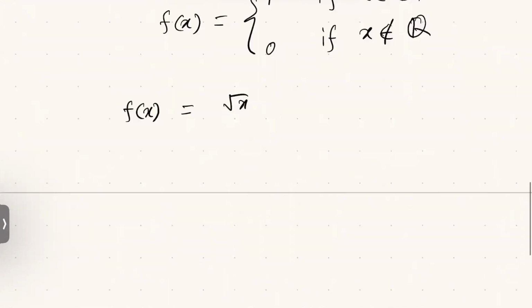Because if I take the derivative of this function, we get f prime of x, which is 1 over 2 square root of x. Now, if you set x equal to 0, the whole thing blows up, and hence this function is not differentiable at 0.